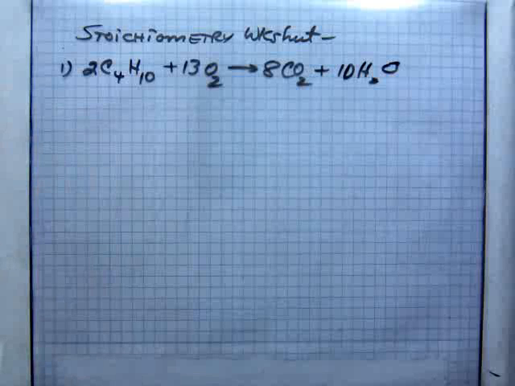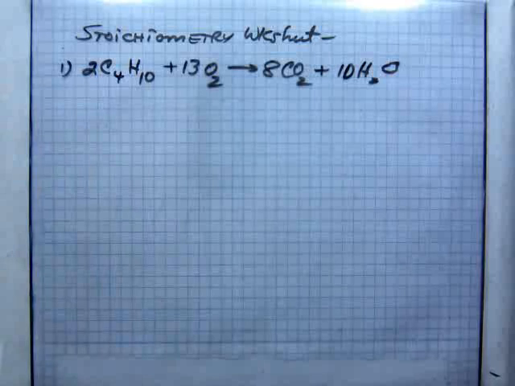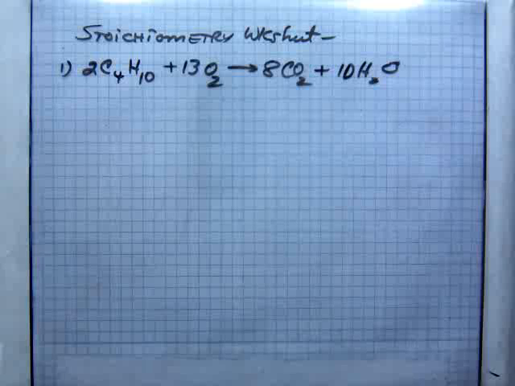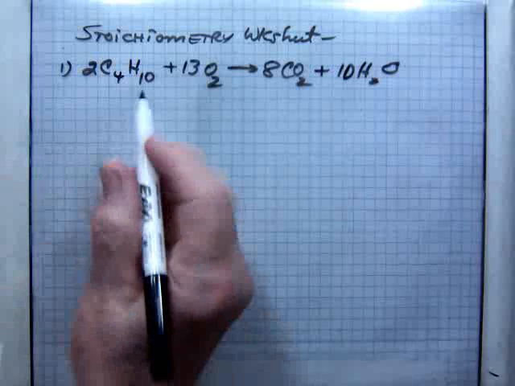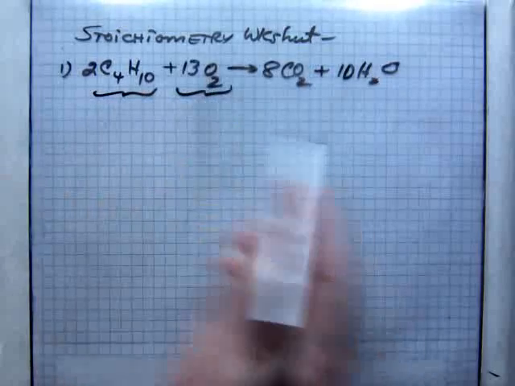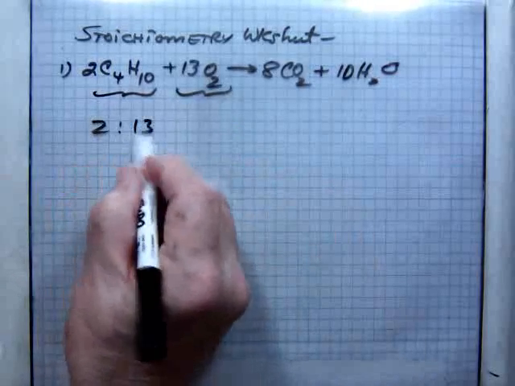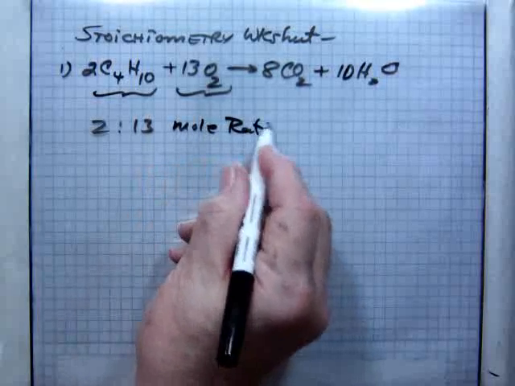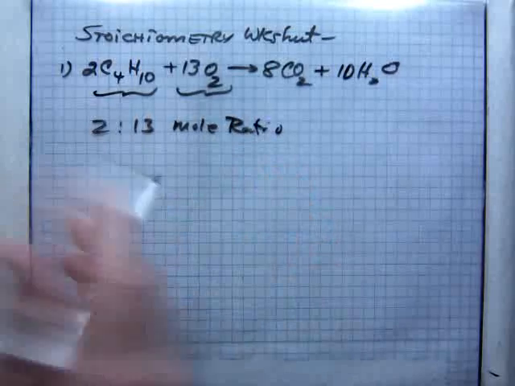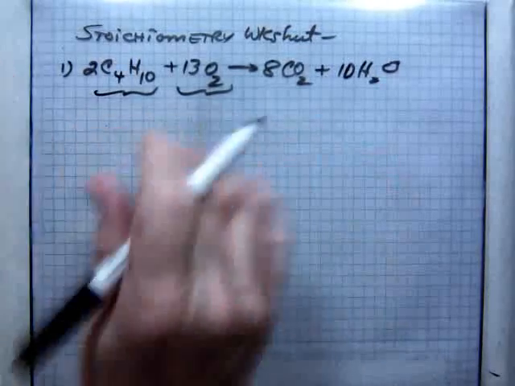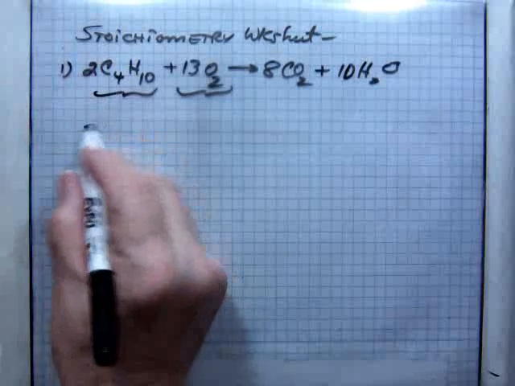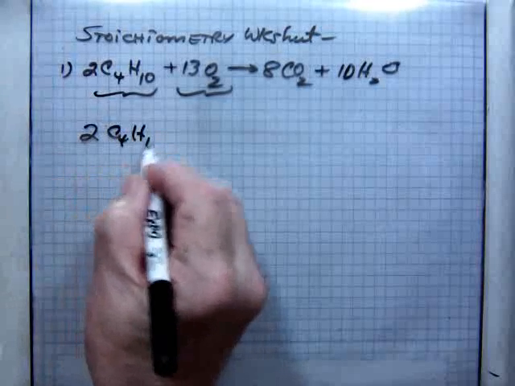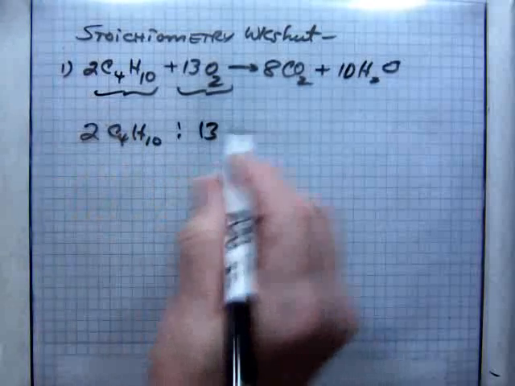Now, just as an introduction or a review, show what the following molar ratios should be for the C4H10 and oxygen. So you're looking at this against that. Well, that's a 2 to 13 molar ratio. I should have written that a little bit differently for you: 2 moles C4H10 to 13 moles of O2.